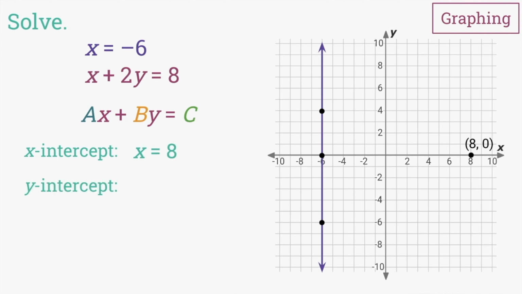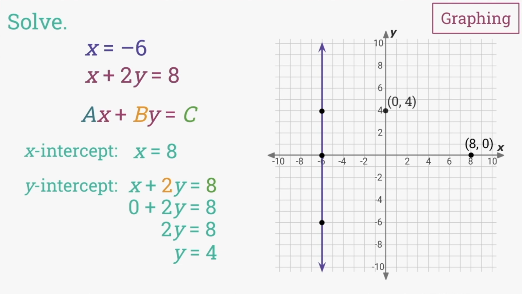To find the y-intercept, we'll set x equal to 0. We get 0 plus 2y equals 8, which simplifies to 2y equals 8, or y equals 4. So let's plot the point (0, 4) on the graph. Now we can connect the two intercepts with a line. So this is the graph of x plus 2y equals 8.